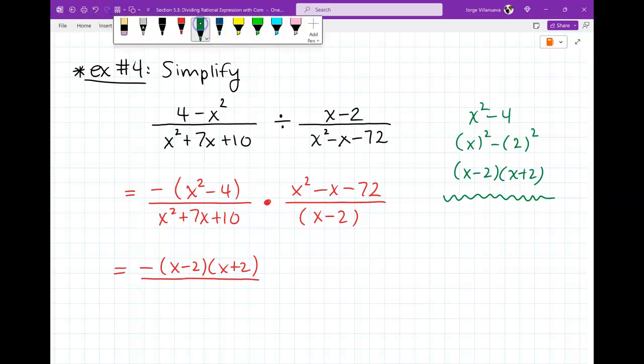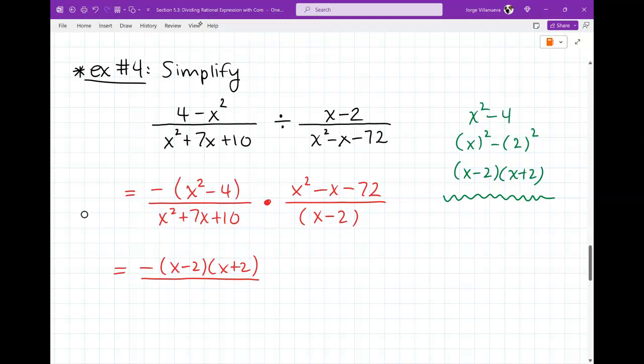Now let's do the bottom left, x squared plus 7x plus 10. Thankfully a is 1, so I don't have to divide. I know I'm kind of moving a little bit faster. I do apologize, but it's not because I'm rushed on time. It's just by now I think we should be getting a little bit quicker, right?